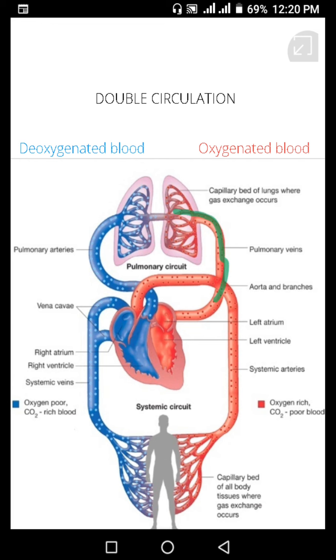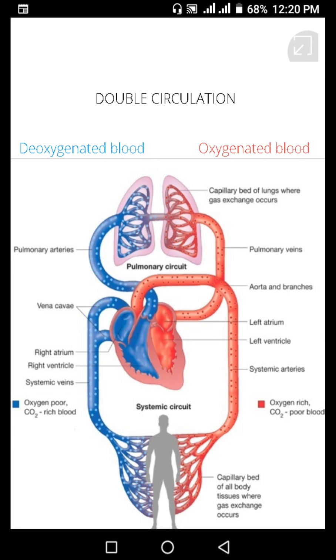Oxygenated blood from the lungs enters the heart through a blood vessel called the pulmonary vein. Then it enters into the left atrium, left ventricle, and finally out to all parts of the body through a blood vessel called the aorta, which is here.